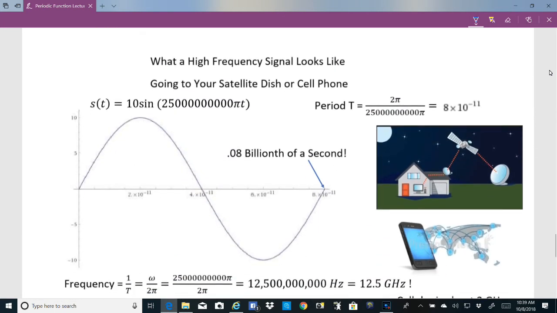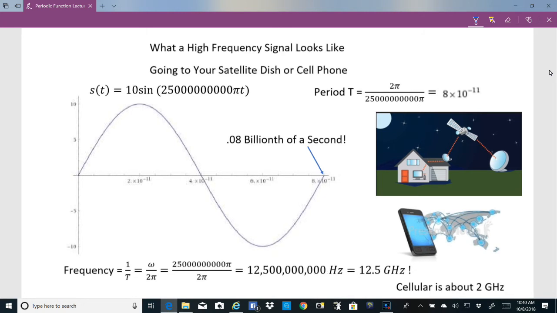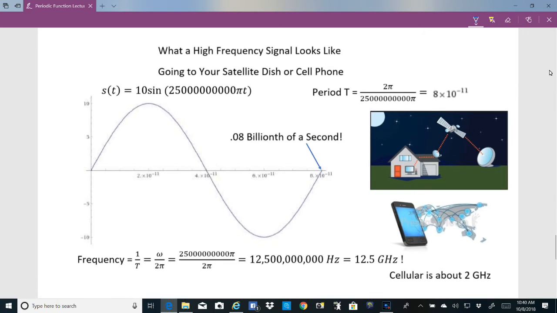Now, let's look at one last example of a practical use of a sinusoid. Your satellite data coming to your home if you have a satellite dish, and the data coming from your cell phone through the cellular system are high-frequency signals.